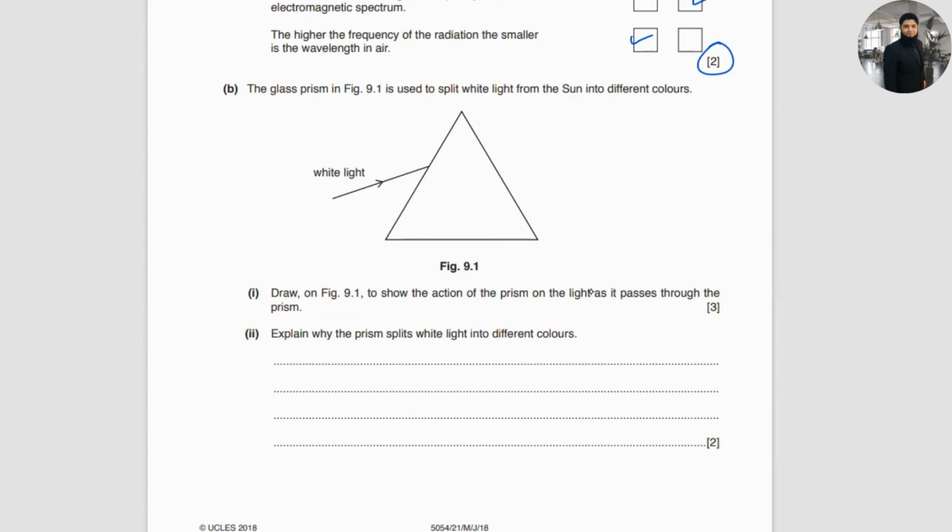So if a light falls on it, it will bend like this. It will bend like this.